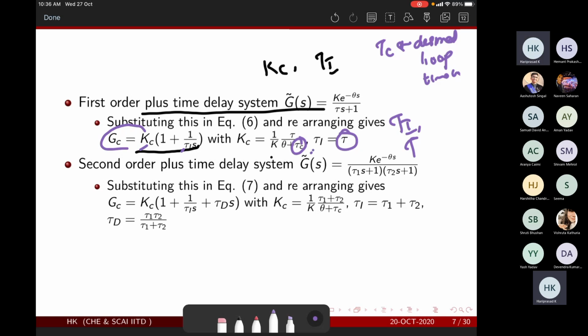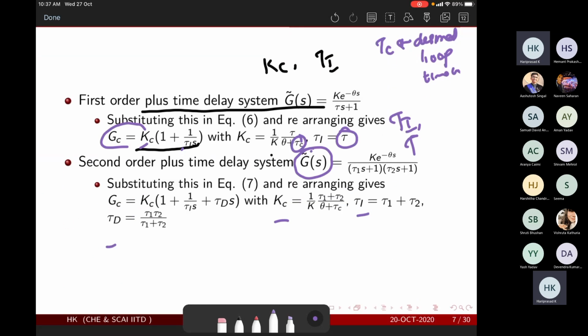Now your process G tilde could be second order, because there is also a possibility that by identification it happens to be second order. In that case, you would see that all the Kc, tau I and tau D terms are there. Again, how to do it? Substitute here, equate with this term and identify the value corresponding to Kc, tau I and tau D. Whatever method you design, you won't get your PID form.